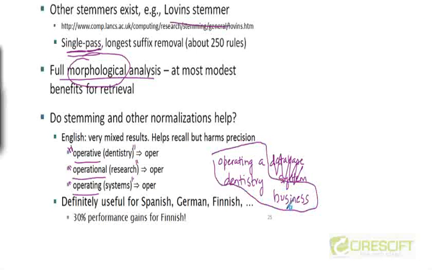So a document like this is going to match. If the query is operative dentistry, which is a particular kind of dentistry, that's going to match this document also, because operating and operative map to the same term, OPER.